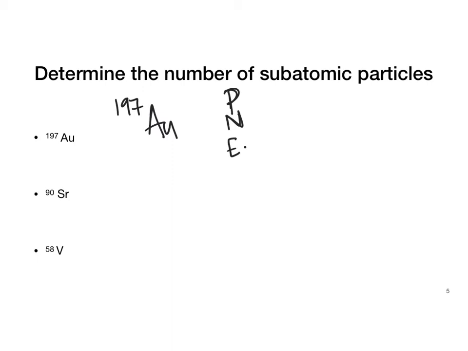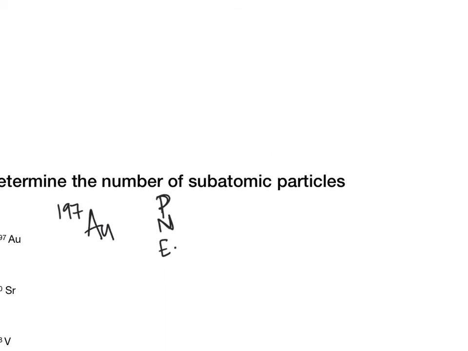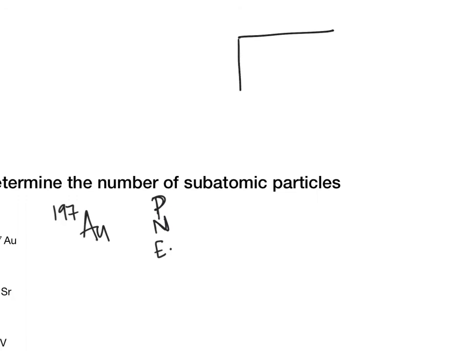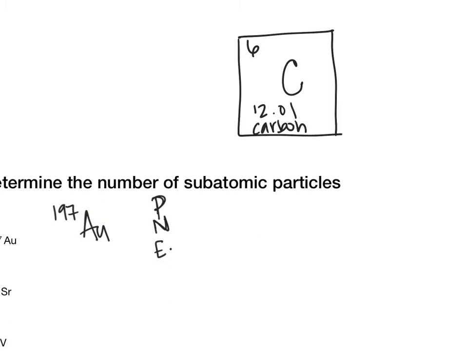If we look at a square on a periodic table, a lot of times they look like this. We'll draw it for carbon. It says the number 6 up here at the top, and then down here at the bottom, it says 12.01. Some say the word carbon, and sometimes they're in different shapes. But this number up here is the atomic number.